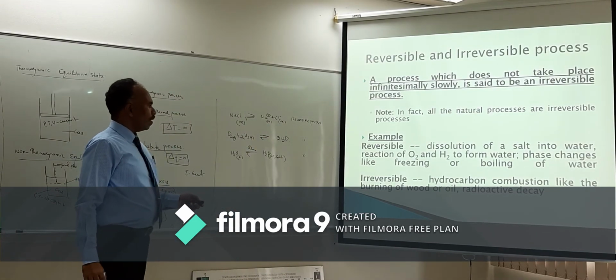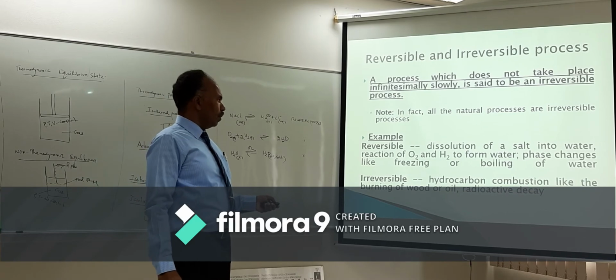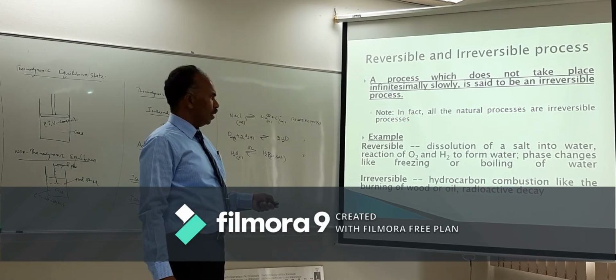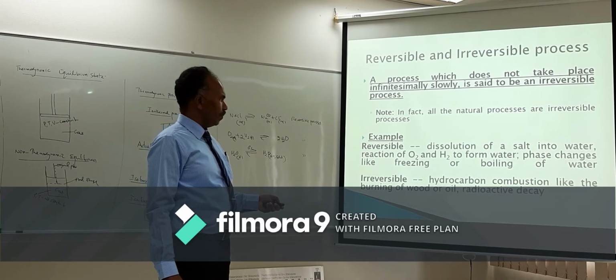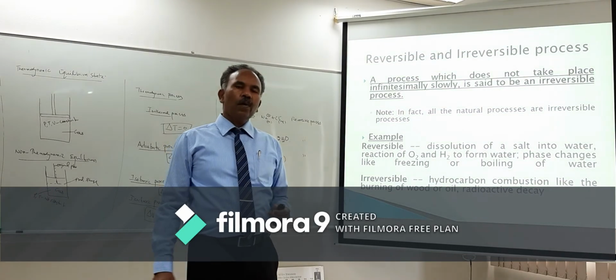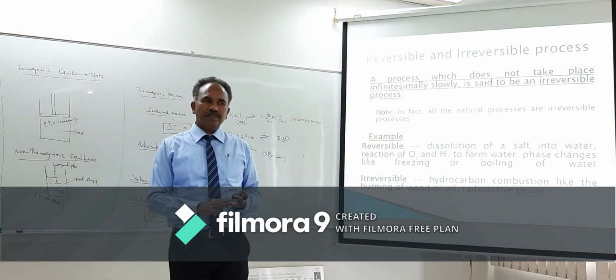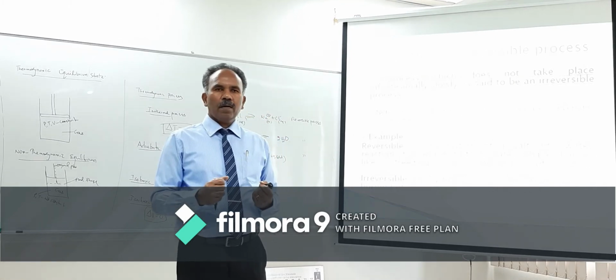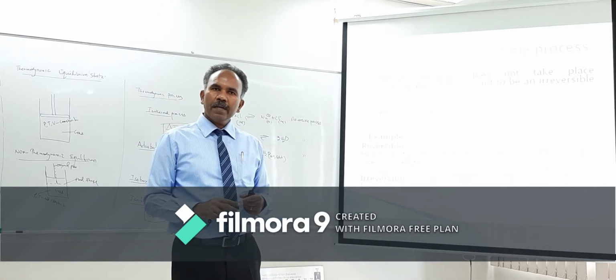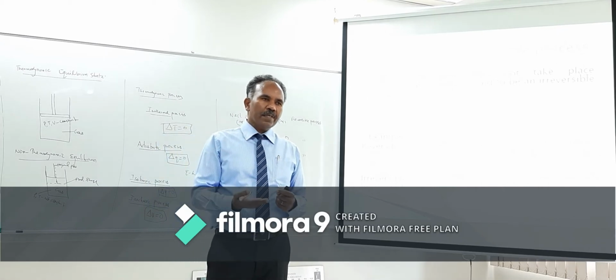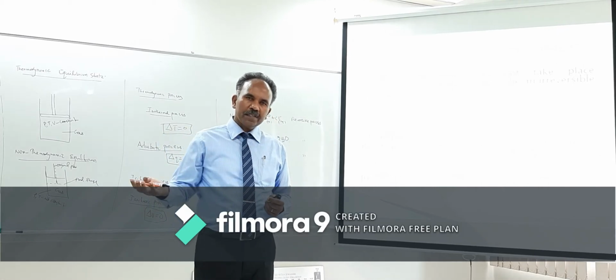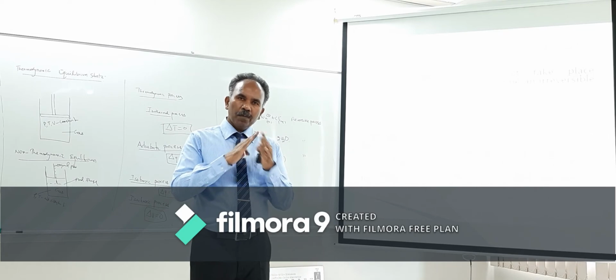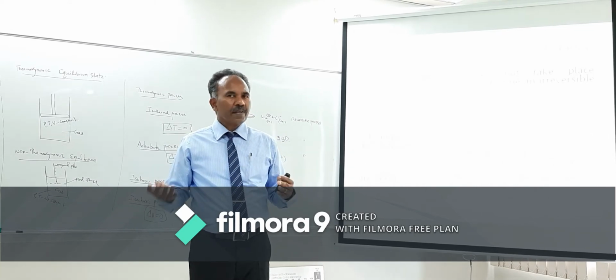Now, examples of irreversible processes. Hydrocarbon combustion, like the burning of wood or oil, or radioactive decay, are irreversible processes. For example, fuel. What is fuel? Fuel is an alkane. We fill fuel and drive a car or ride a bike. The fuel burns with oxygen and produces energy. It is combustible and it is consumed. We can't bring it back.